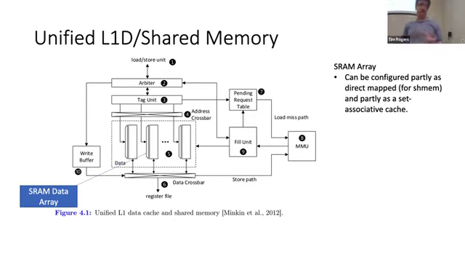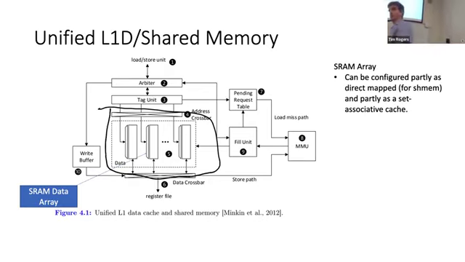The SRAM array, so this is the actual big thing that's on the chip, right? The rest of the stuff is small. It's the control circuitry. The storage is what dominates the space, which is this big SRAM array. This is going to be shared and statically partitioned across the shared memory or the L1D. And this can be reconfigured.